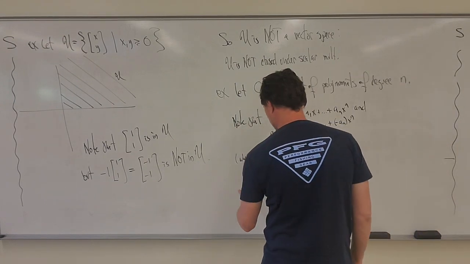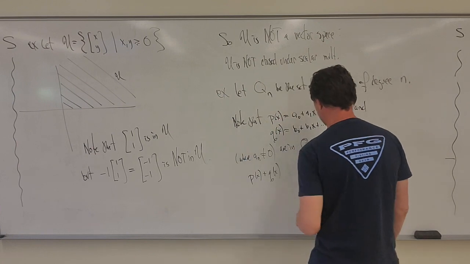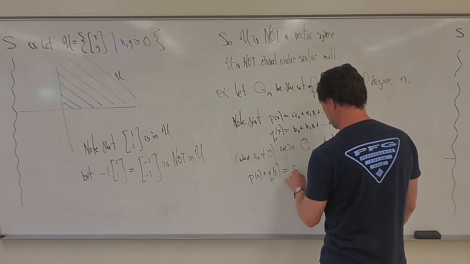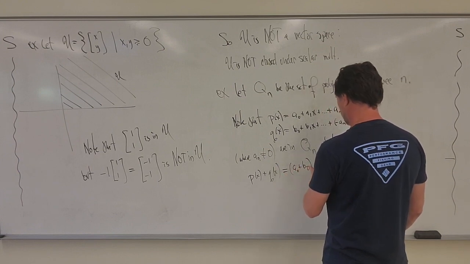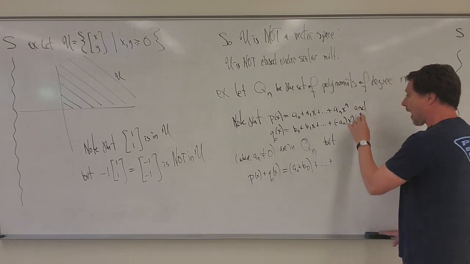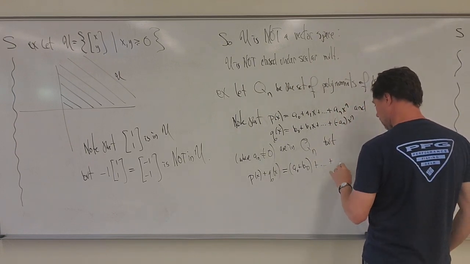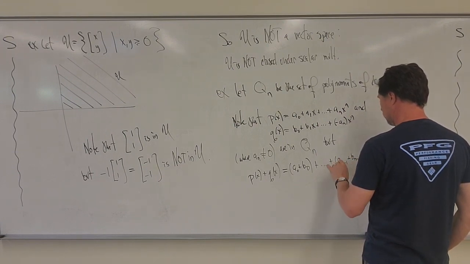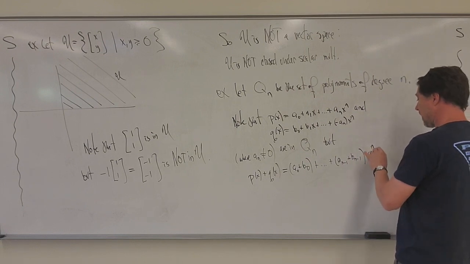So I've got a couple of polynomials of degree n, but p of x plus q of x, what's it going to be? It's going to be a0 plus b0 plus dot dot dot plus, now what happens when we add, the an and minus an cancel out, and so what we get is a sub n minus 1 plus b sub n minus 1 times x to the n minus 1.